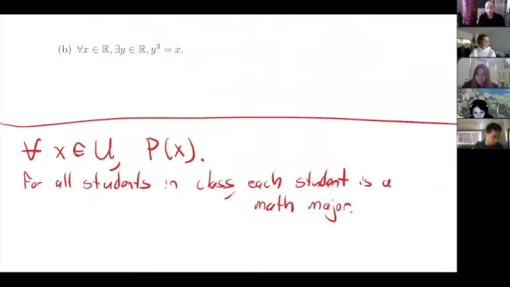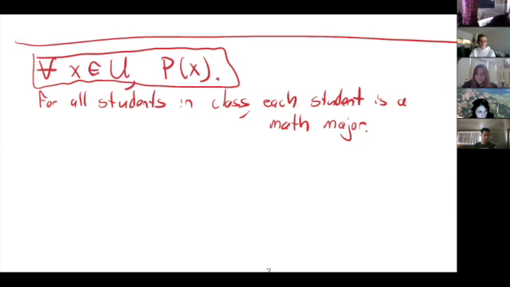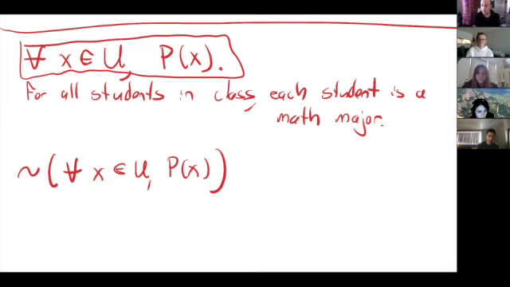That would be how we might want to say this. And so if you're given something like this and you want to negate it, I'm going to put that negation out in front of the entire statement, and you're stuck. You're not quite sure what to do.